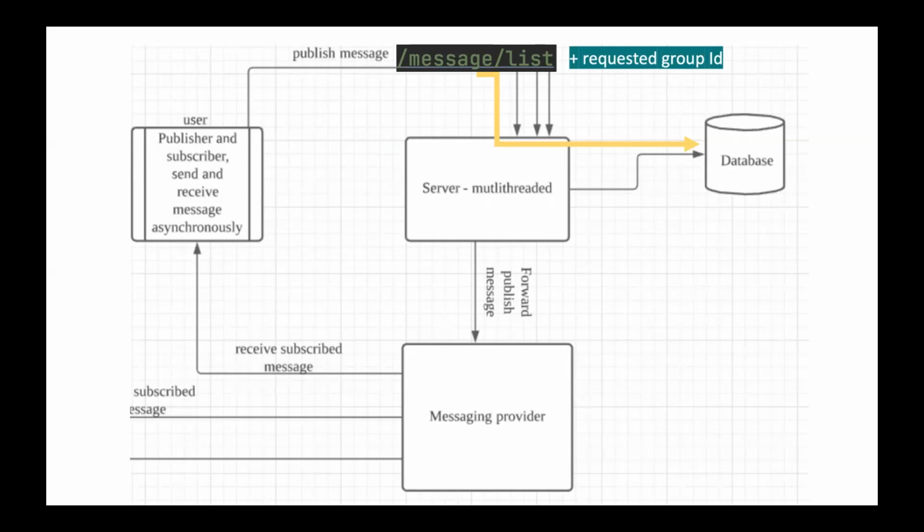So we go to our database, find the messages that belong to this group ID, and send them back to the front end so that they can display the message history. And this is the introduction to our application, and we hope you enjoy this video.